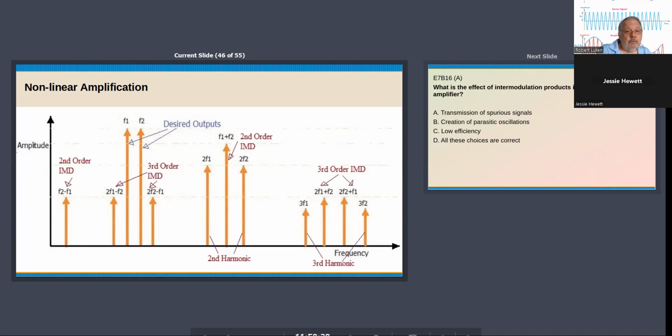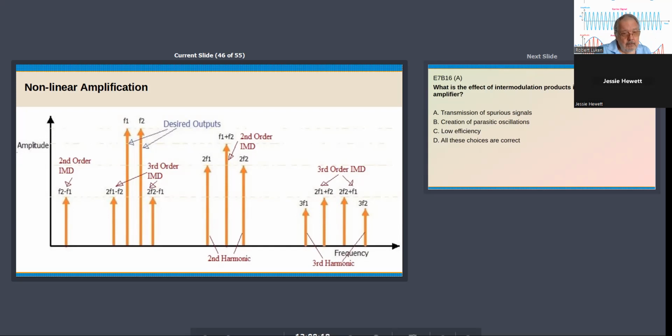If you look at the second order, it's going to be on the high side, twice F1 or twice F2, pure second orders, or the sum of F1 and F2. On the negative side, you've got one at F2 minus F1. Now they're pretty far away.